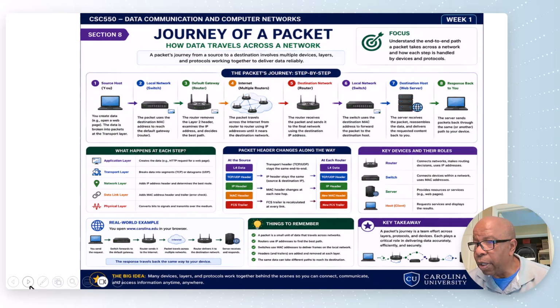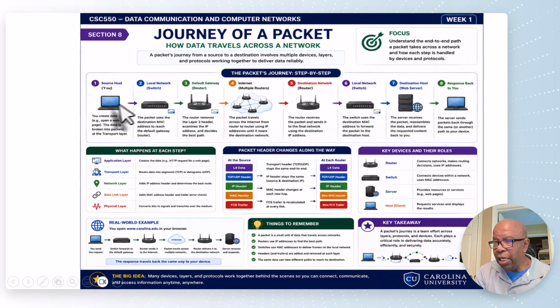The local network goes to a default gateway, which we call a router. The internet sends it from one router to another router. It is received by the destination network, which sends it to the destination host, the web server, and then a response comes back to you.